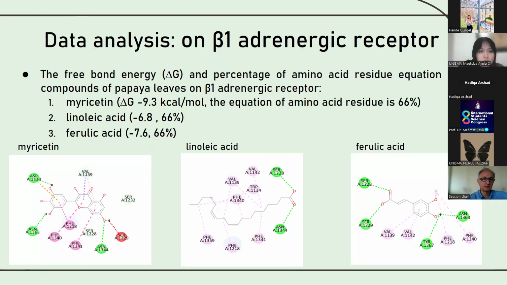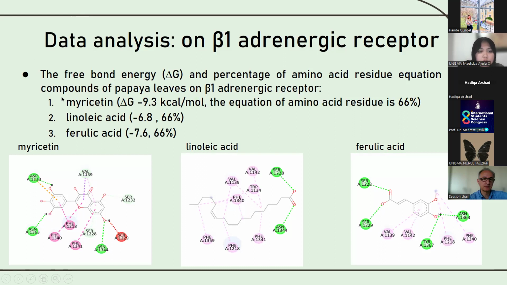And the structures of the proteins, the beta-1 adrenergic receptor and the phenylalanine hydroxylase enzyme, were downloaded via the rcsb.org website. Then the data analysis on the beta adrenergic receptor found that the free binding energy, or delta G, and percentage of amino acid residue similarity of the active compounds of papaya leaves on the beta-1 adrenergic receptor show the top 3 are myristicin, linoleic acid, and ferulic acid.